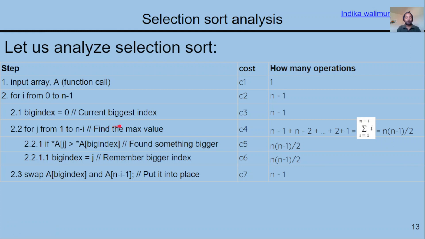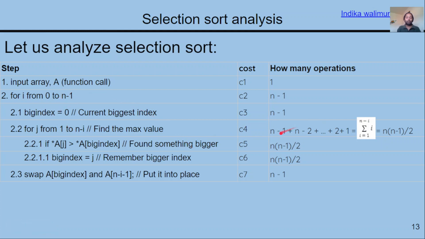So there are three such checks. For that, how many times does this check happen? For the for loop, it's n minus i times, and then the whole thing runs n minus 1 times.